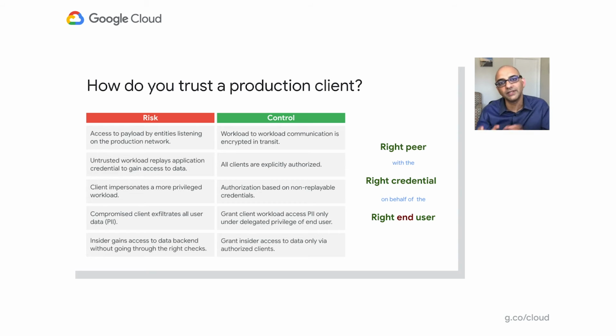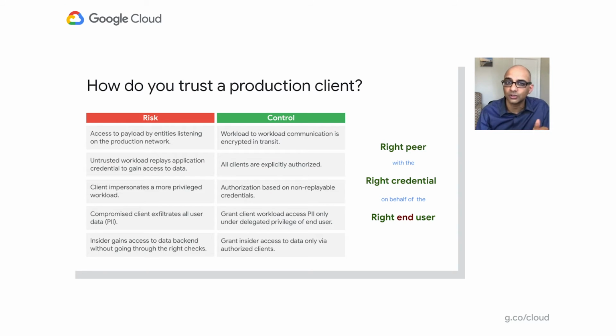So the corresponding set of controls that we can use to mitigate these risks are: we can ensure that all workload to workload communication is encrypted in transit to prevent entities that are listening on the network from gaining access to sensitive data and credentials, etc. We can ensure that all clients are explicitly authorized such that untrusted clients don't gain access even if they have the right application level credentials.